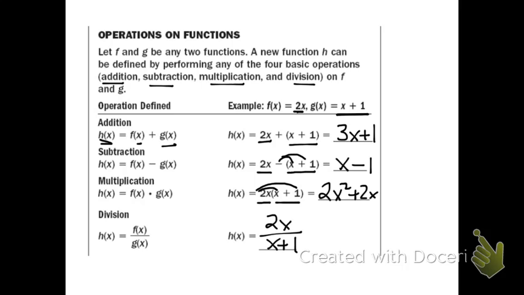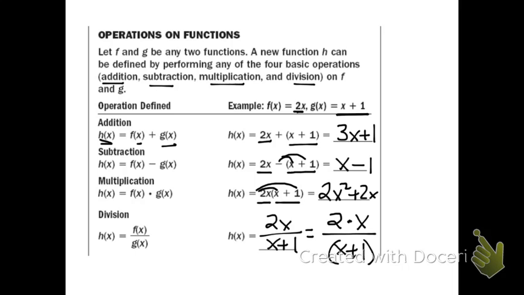Now notice, they don't have any common factors. You cannot cancel the x's, and just to show you, remember, factors means the things that are being multiplied. The only things being multiplied in the numerator are 2 and an x. In the bottom, I'm not multiplying x and 1, I'm adding them. So x plus 1 is the factor of the denominator, and there's nothing to cancel. So that's actually just simplified.